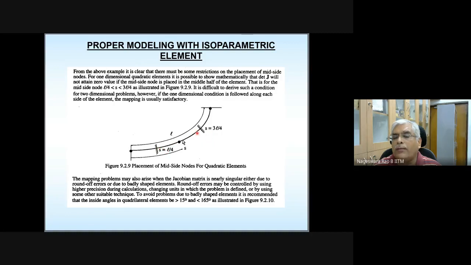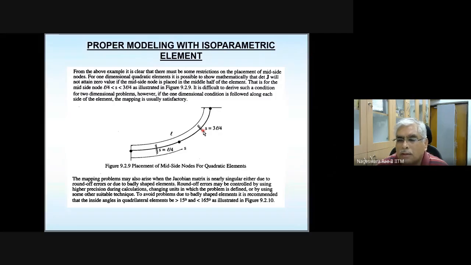It should lie only if it is closer than here. Let's say it is here, then this is going to affect your mapping. It's going to have some influence on the determinant of J that we just discussed. So the middle node should lie between this point and this point. Okay, that is one condition.